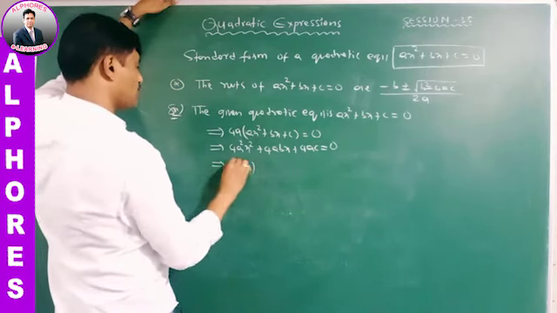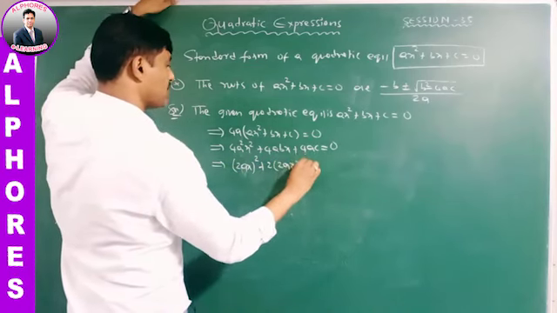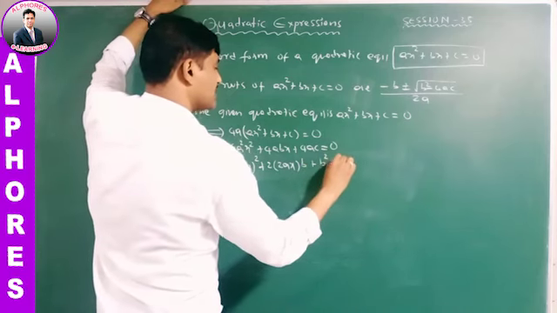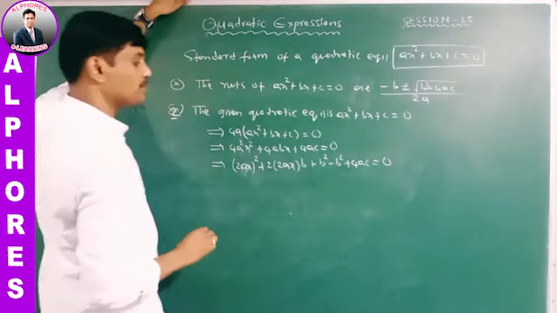(2ax)² + 2 times 2ax times b, and I will add b² and subtract b², plus 4ac is equal to 0. Okay.